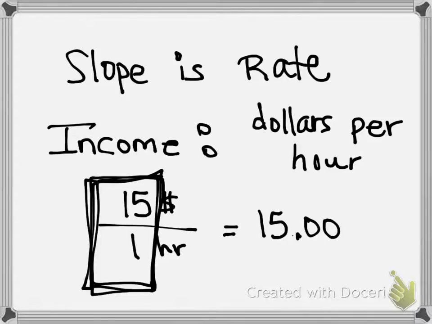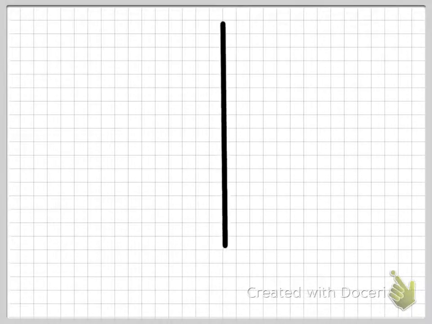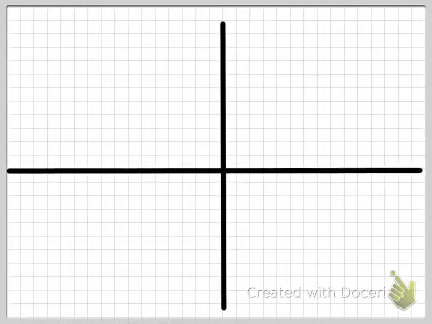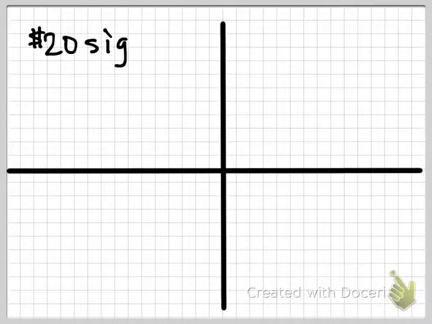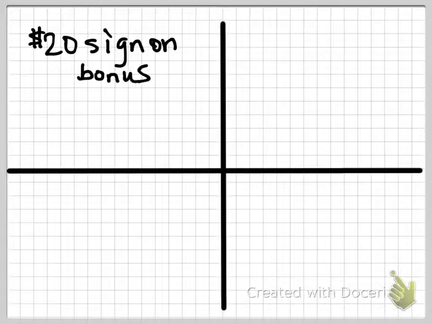Well, if my employer gave me a sign-on bonus, let's say they give me a bonus of $200 for coming to work for them. Let's go lower than that. Let's go $20. A $20 sign-on bonus. That would be my y-intercept, because at time 0, I've already made $20.